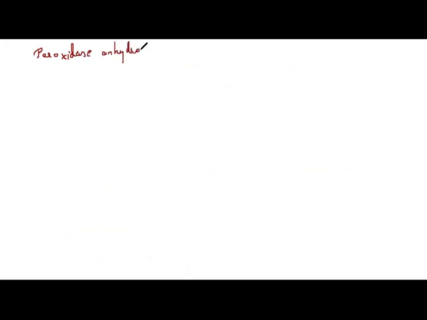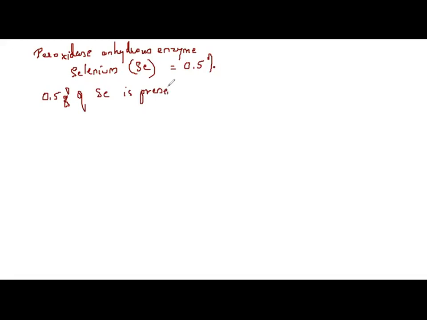This enzyme contains selenium, and it contains 0.5% of selenium. What does this mean? It means that 0.5 grams of selenium is present in 100 grams of enzyme, correct?